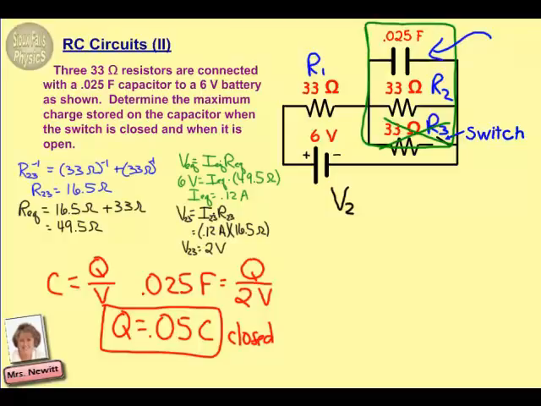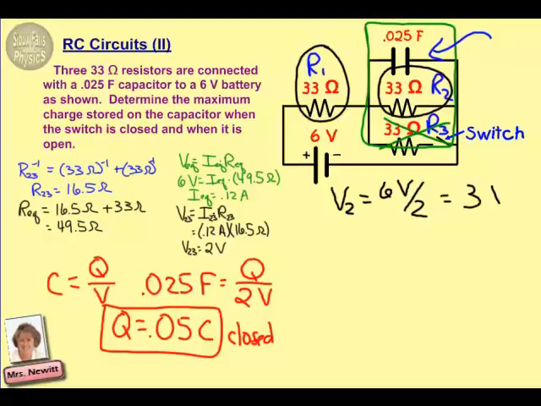We have now 2 resistors, 33 ohms here and another 33 ohms here. So the voltage that is used is now split evenly. So if it is 6 volts for the total circuit, divide that by 2, and we now have 3 volts that is applied to that portion of the circuit, so now they are sharing that voltage evenly.